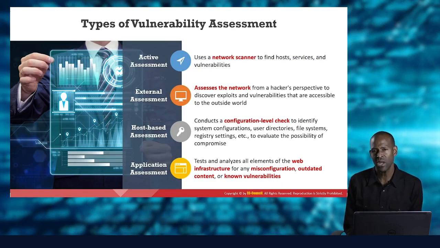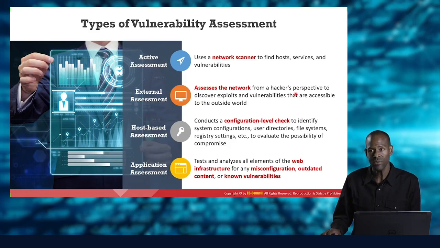But it's really good to do it on a deliberate basis. First thing is an active assessment where you run a scanner. This could be your endpoint protection on your host, your services, trying to find vulnerabilities. Then there's the external assessment, which is from the outside network.